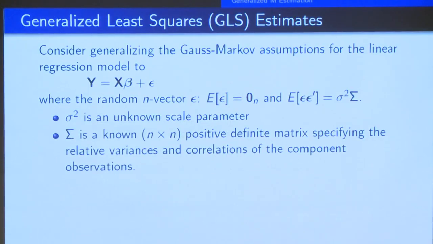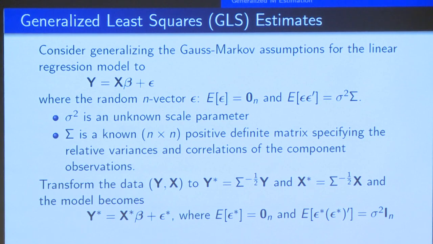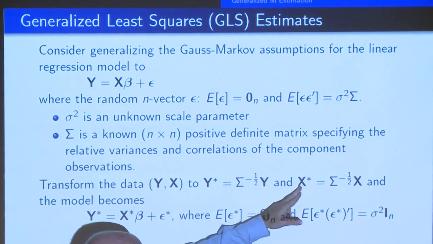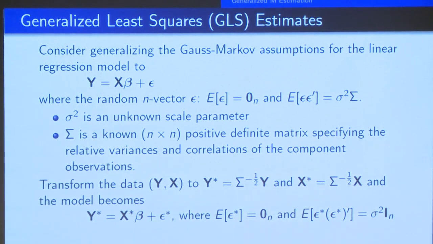Okay. Well, in order to solve for regression estimates under these generalized Gauss-Markov assumptions, we can transform the data y, x to y star equals Sigma to the minus a half y, and x to x star, which is Sigma to the minus a half x. And this model then becomes a linear regression model in terms of y star and x star.